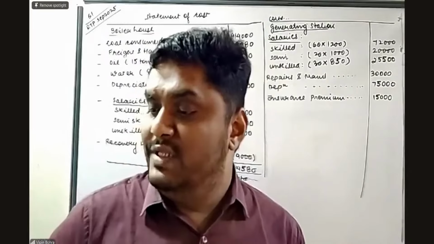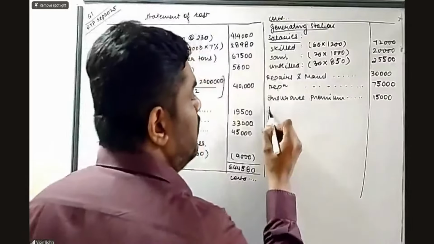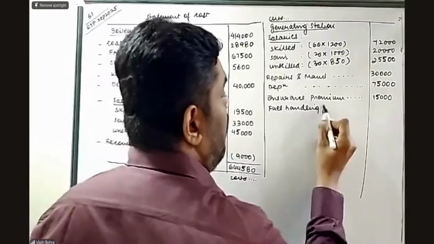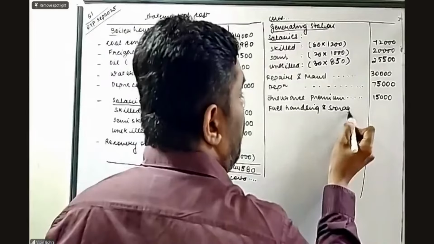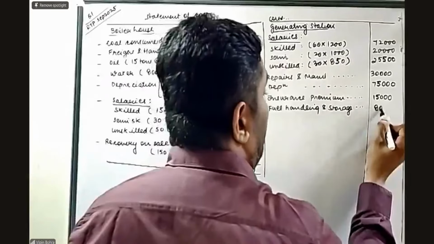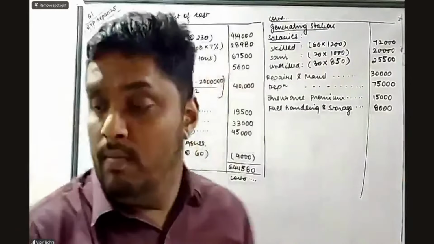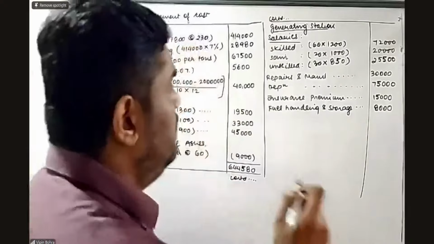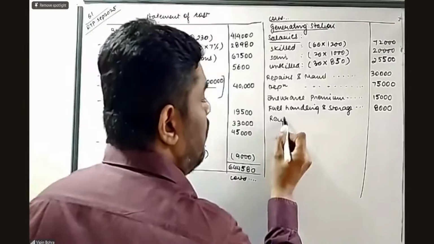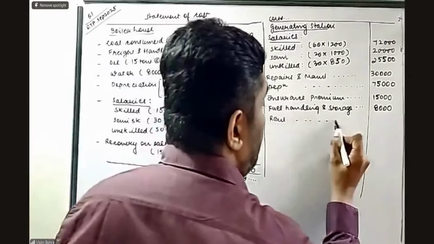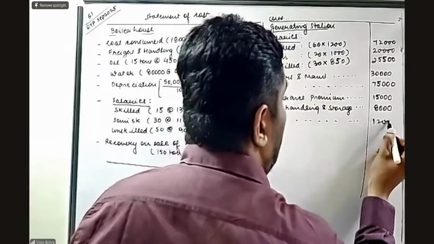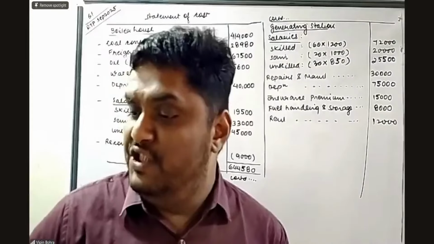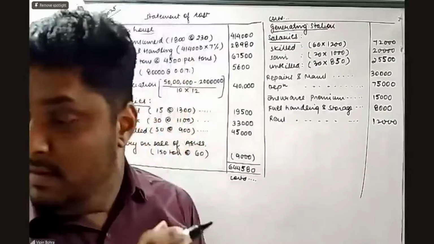Fuel handling and storage expenses are 8,000. Rent of generating station premise is 12,000. Share of administration charges are 65,000.